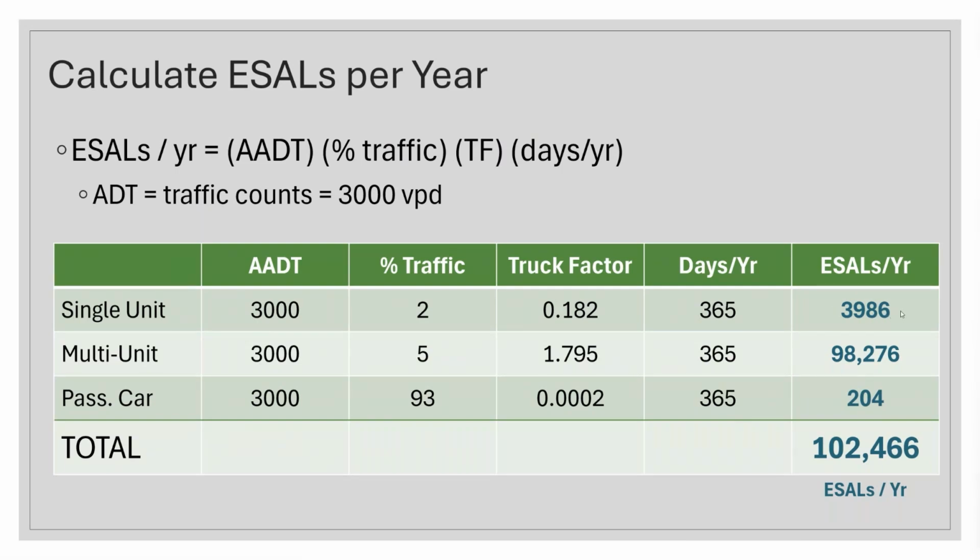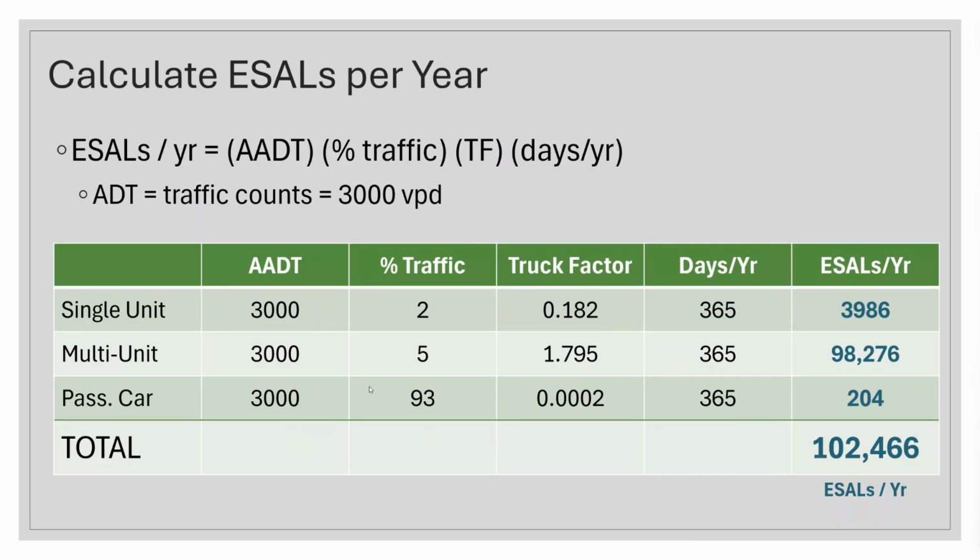So the single unit trucks will generate 3,986 ESALs per year. Multi-unit truck, same thing, 3,000 vehicles per day, 5% of that is truck traffic. Truck factor of 1.795, and then also multiply by the 365 days per year, and we get up close to 100,000 ESALs per year, 98,000 and some change.